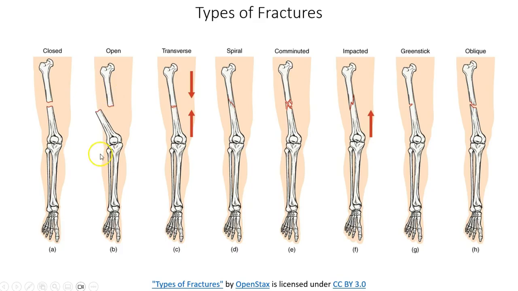And so as you can see here in this open fracture over here, this one piece of the bone has punctured through the leg, and so that's not going to move itself back into its natural position very easily or at all.